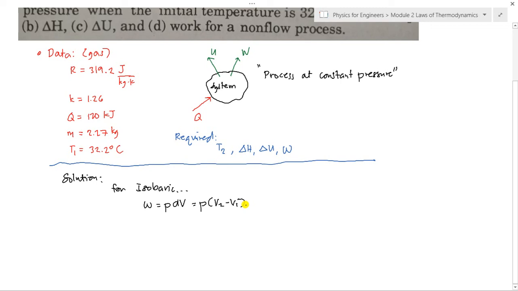However, we don't have any given V2 and V1. So unsay lain nga equivalent sa work. Actually, work for an ideal gas, this is also the same as MR delta T, that is equals to MR T2 minus T1. Since we don't have T2, di pa tayo makakuha sa work, we only have T1, so therefore hindi tayo mataglain ni ini.